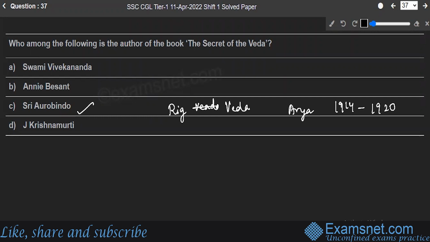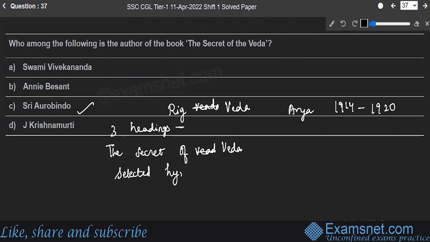Most of this material appeared under three headings. Which were those? The Secret of the Veda, Selected Hymns, and Hymns of the Atris.